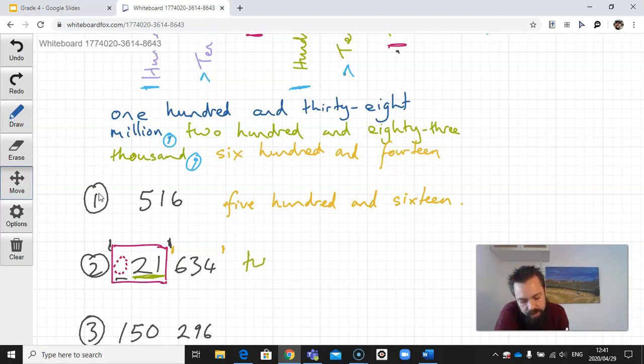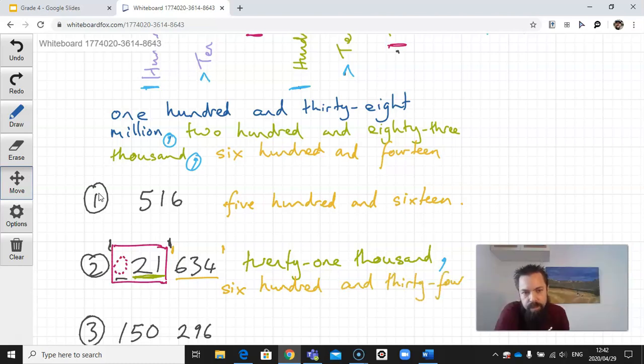So 21,000. It's the name of the house. Between houses, I'm putting a comma. Now I'm just looking at that number. 634. There we go.